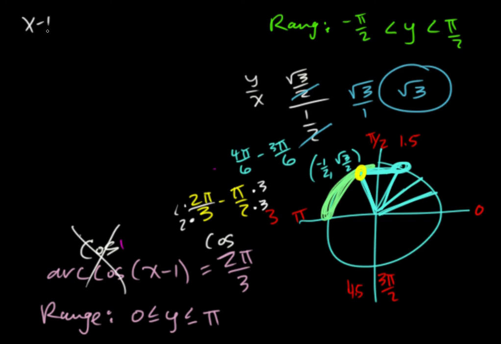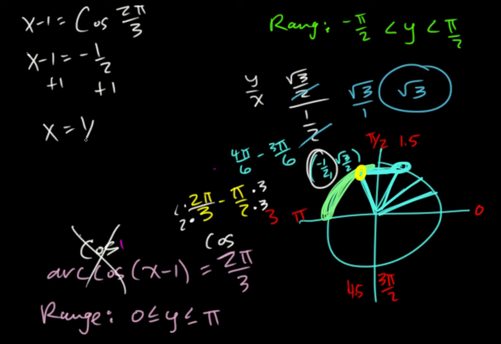I'm left with x minus 1 is equal to cosine of 2 pi thirds. Now cosine of 2 pi thirds, cosine is just the x value. Whoops, that's the y value. So it's negative 1/2. x minus 1 equals negative 1/2. We add 1 to both sides, and so x equals positive 1/2. Okay?